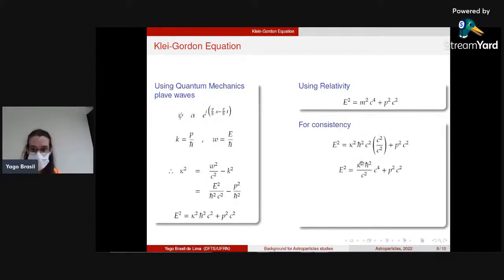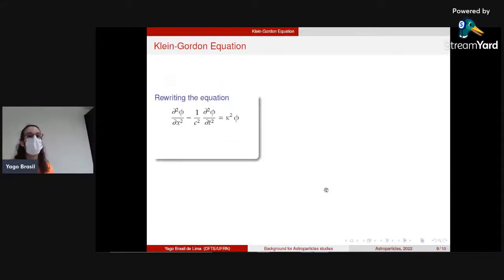So for consistency, that kappa, h bar, and c have to have some meaning of mass. So the Klein-Gordon equation can describe a field that describes particles with mass m, and that has a connection with my kappa. So I can rewrite the Klein-Gordon equation. I can go back here and switch the kappa to more physical parameters: the mass, the speed of light, and the reduced Planck constant.